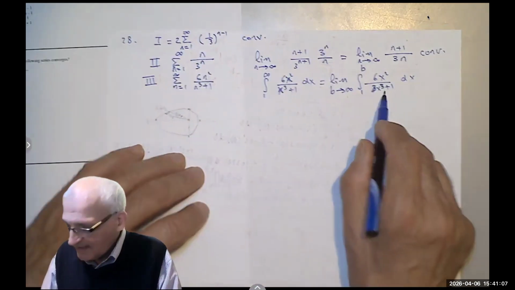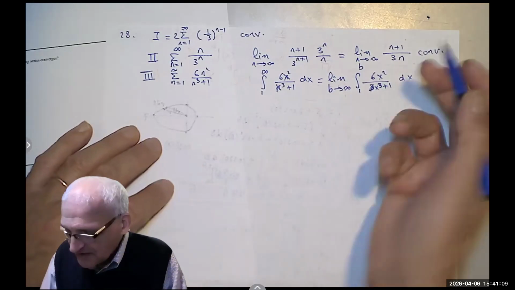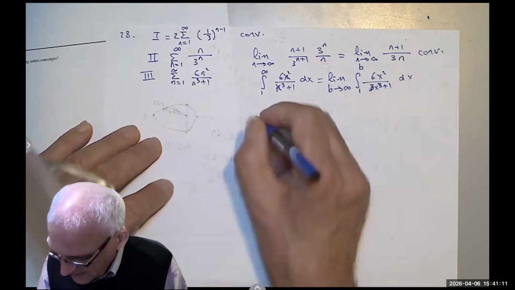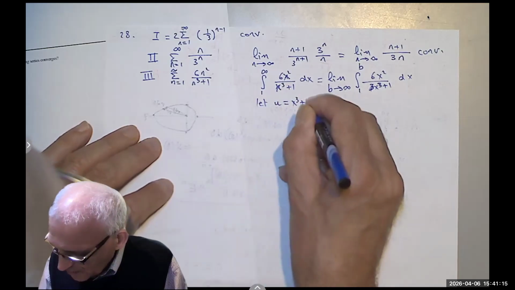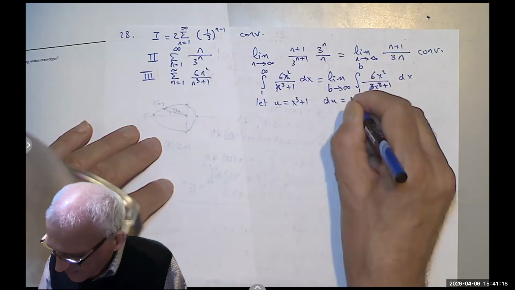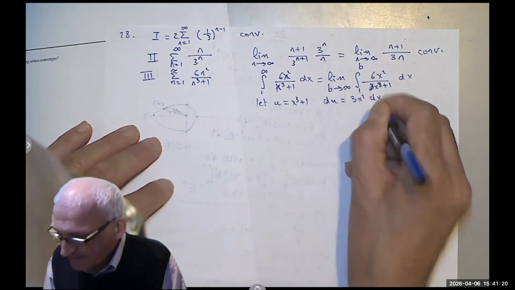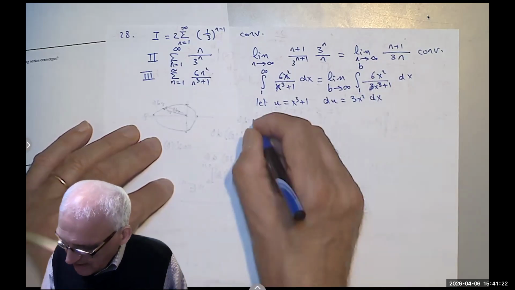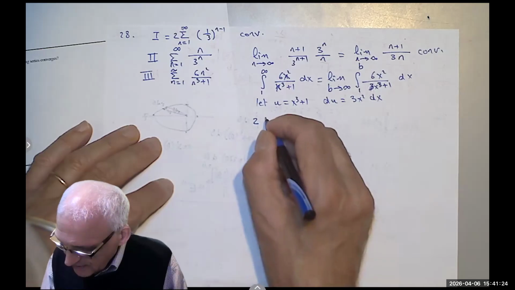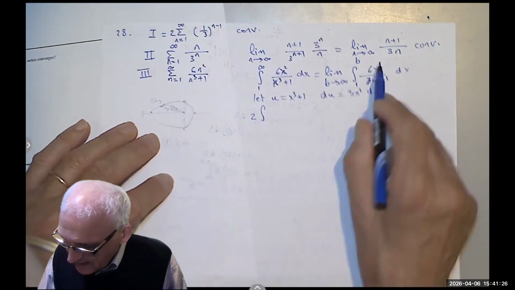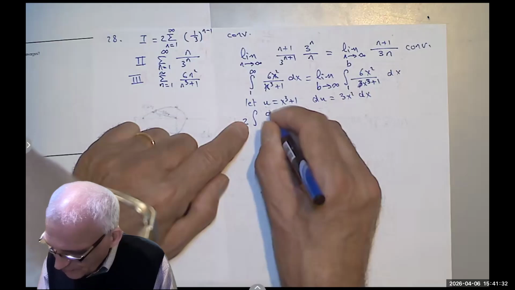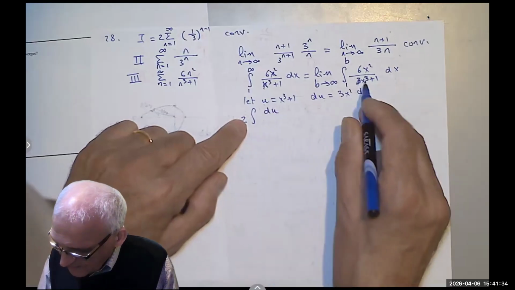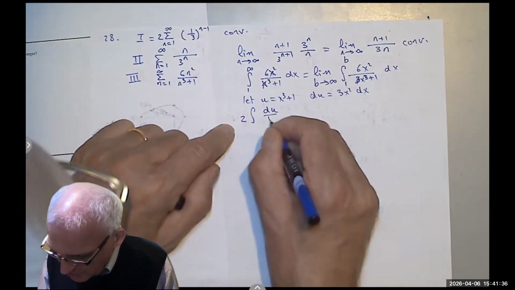Again, you can say let u equals x cubed. I don't like that, but you can say let u equals x cubed plus 1. Then du becomes 3x squared dx. So this is really 2 times the integral of 3x squared dx, which is du, over x cubed plus 1, which is u.